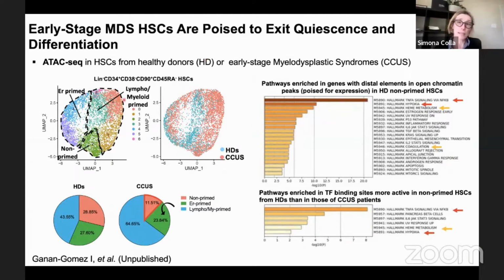And using this technique, we were able to demonstrate the cells in CCUS had already exited quiescence. They were prone to differentiate, and they were prone to differentiate to myeloid cells. We were very successful in obtaining this result.